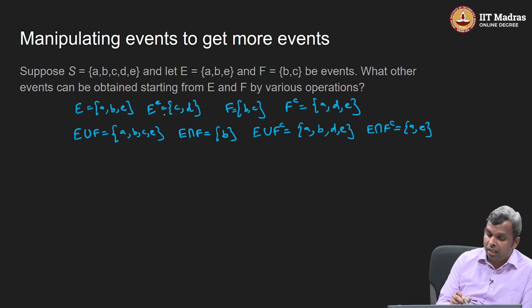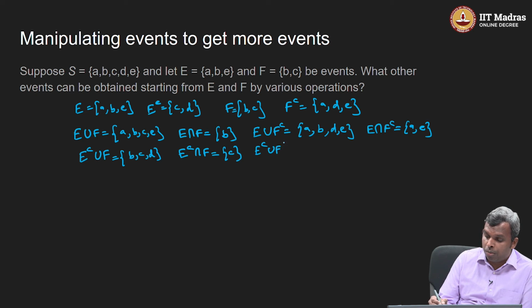So I finished with E. Let's do E complement. E complement intersect F. Have I done that? No. So E complement union F is B, C, D. E complement intersect F is just C. E complement union F complement is A, C, D, E, and then E complement intersect F complement is just D, okay.